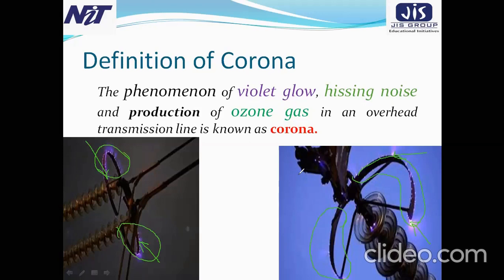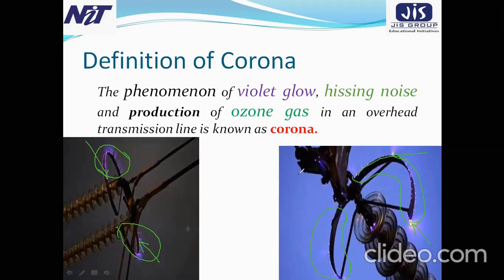And hissing noise. When corona is produced, some noise is produced, and that noise is like a hiss, so it is called the hissing noise. And production of ozone gas. Due to the effect of this violet glow and hissing noise, some ozone gas is produced from the transmission line.